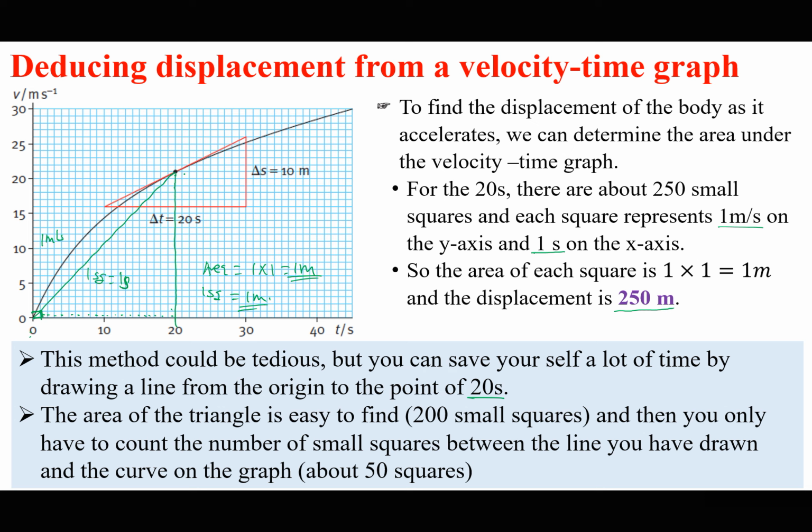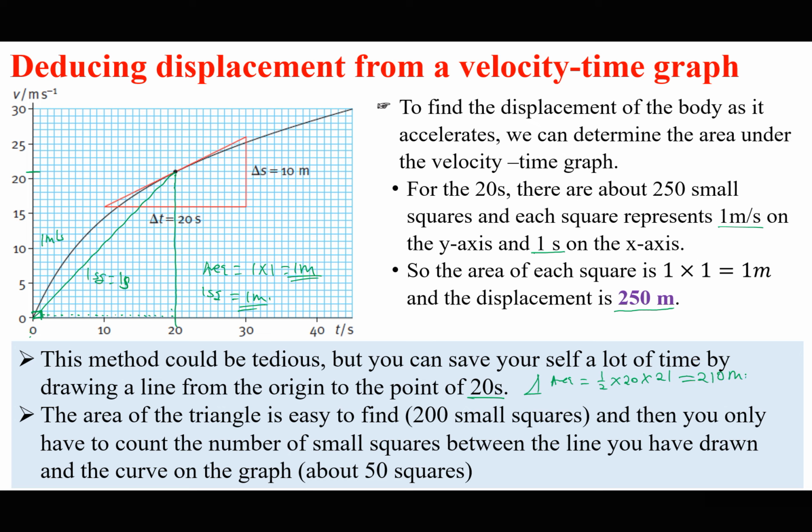The area of the triangle is going to be equal to a half times the base, which is 20, times the height, which I think is 21. So I get the area of the triangle, which is approximately 210 meters. That is the area of the triangle.